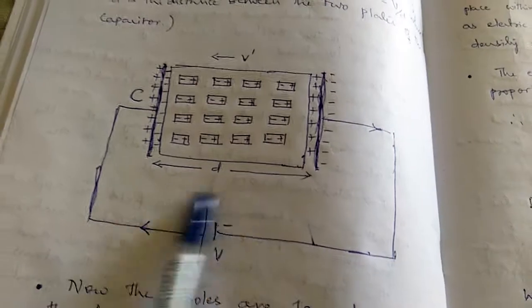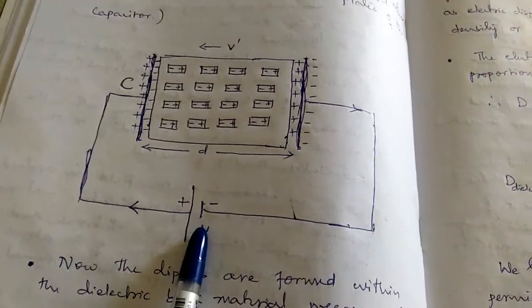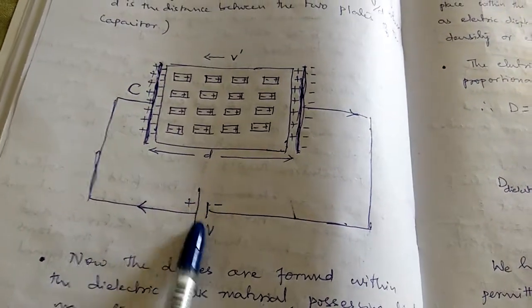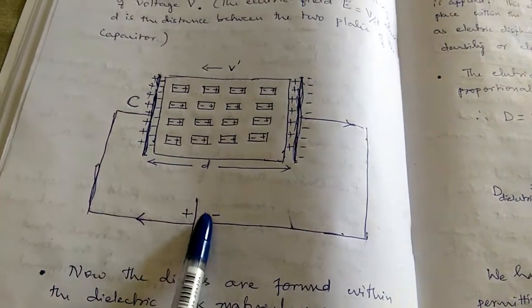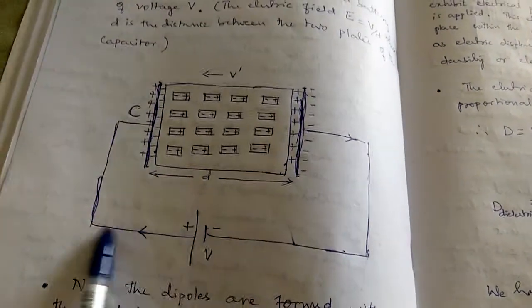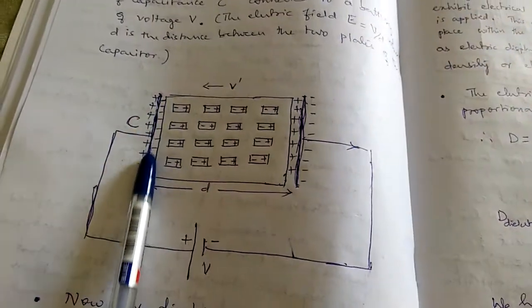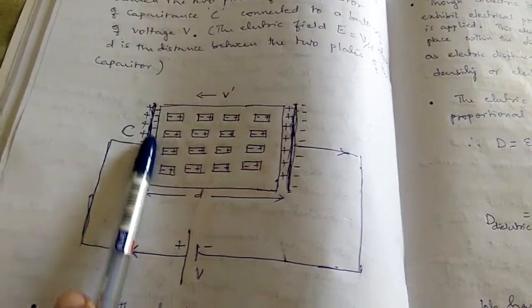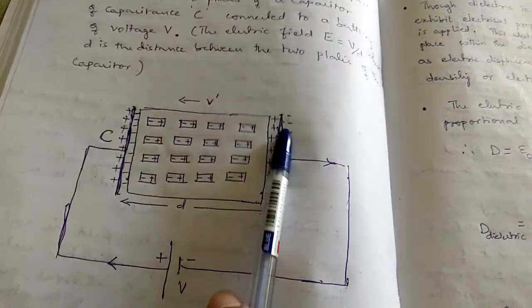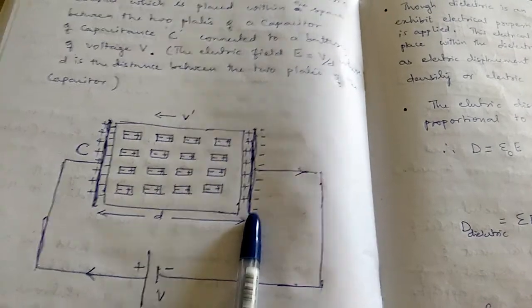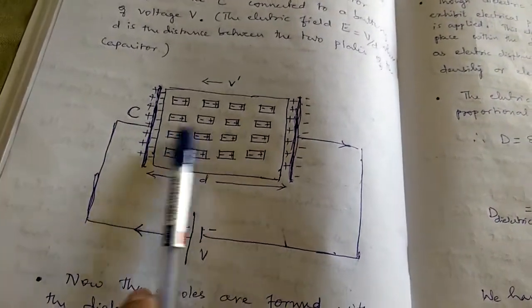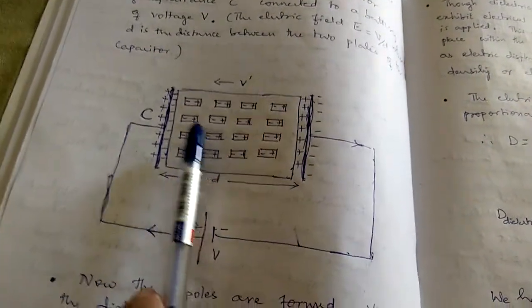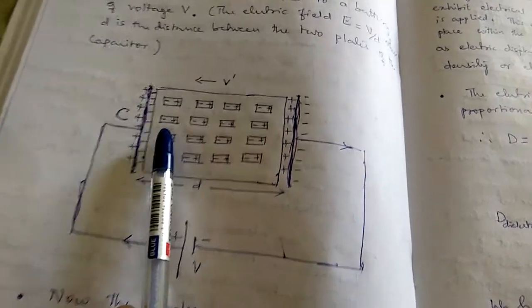Now a battery is connected, so this positive terminal is anode and negative terminal is cathode. So here positive charges are placed on one of the plates of the capacitor, and here the negative charges are placed. And now this voltage is applied to this dielectric material.